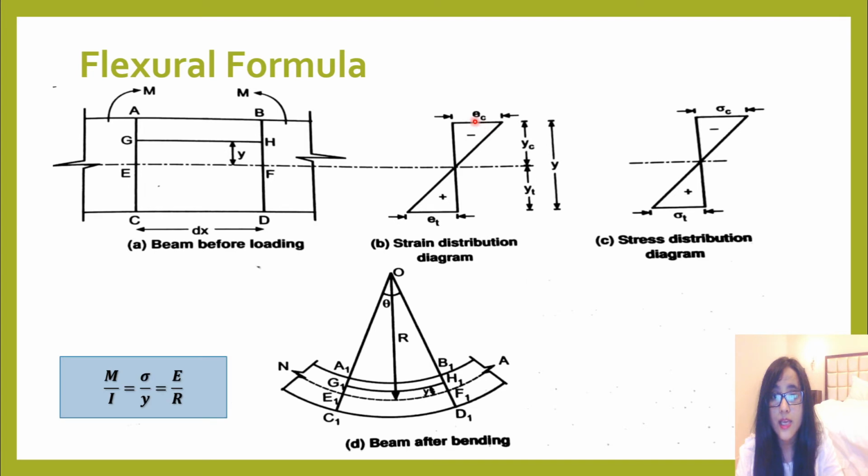EC here means strain in compression. और ये जो आपको YC दिखाई दे रहा है, from the neutral axis till the top of this section here, is a distance YC. This means that this distance is in compression.